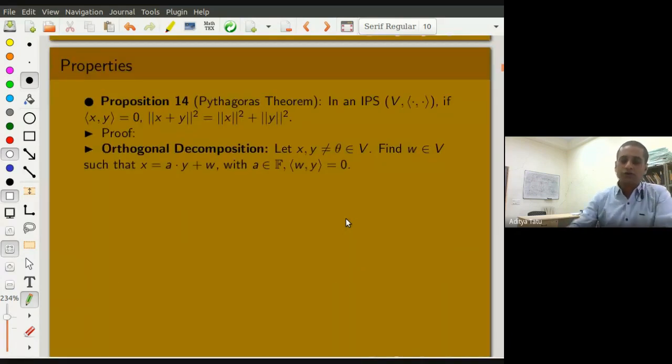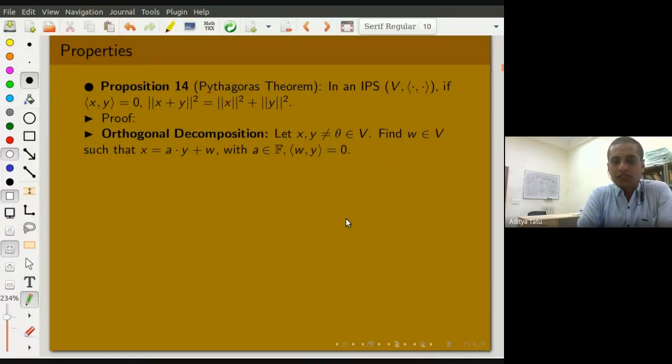Then we are going to talk of something which is going to be very crucial as far as applications are concerned. Theoretically, it's also a nice concept.